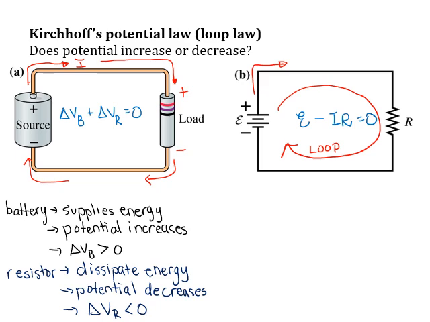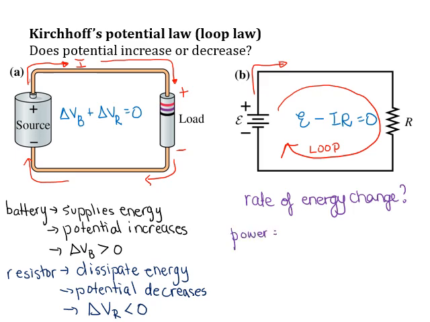Now, we've talked a little bit about supplying energy and dissipating energy. When we talk about energy changing, we often care about what is the rate of energy change. And the rate of energy change is power.